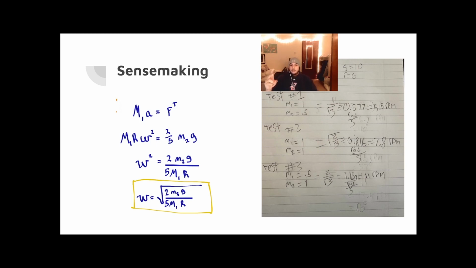I ran test 2, where I had mass 1 and mass 2 to be equal. And that came out to be 0.816 rads per second. And for test 3, I had mass 1 be half the mass of mass 2. And that came out to be 1.15 rads per second. And I have the RPMs here, so 5.5, 7.8, and 11 RPMs.